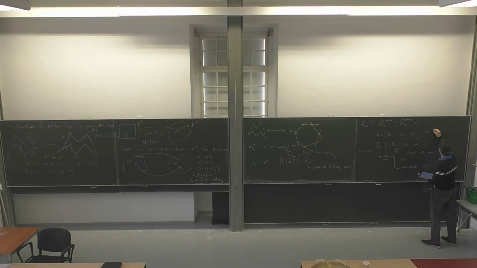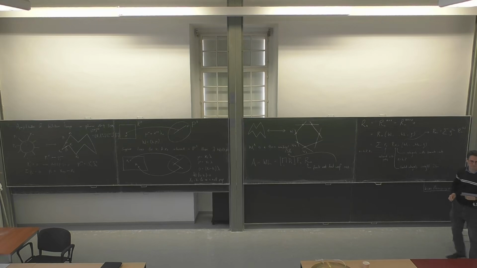So each of these functions is a sum in some expansion in this parameter. By convention, it's G squared. So G to the 2L, R n,L, and L stands for the loop order. Okay, so if I go up in loops, I get iterated integrals with weight 2L.